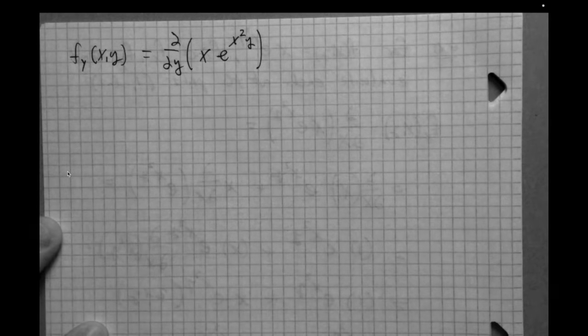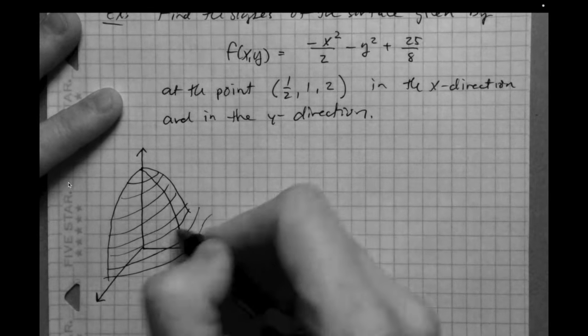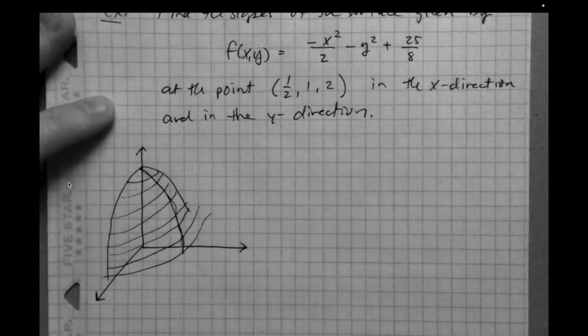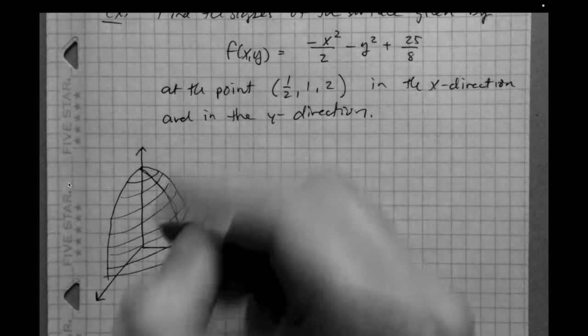Okay, so this function f here is going to produce a surface in three-dimensional space, and it kind of looks like this. Whatever it does beyond this is irrelevant.